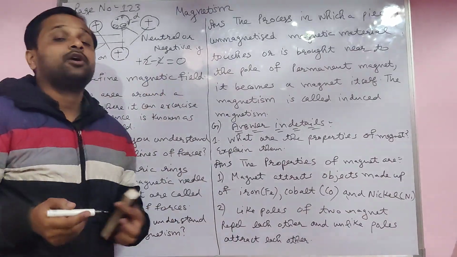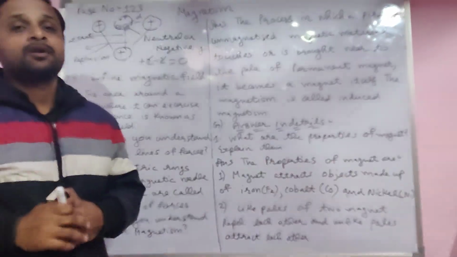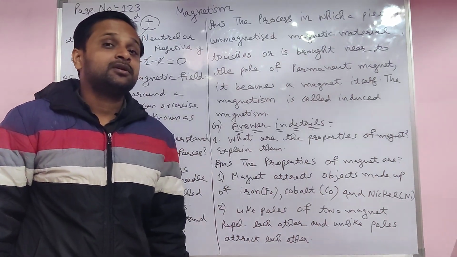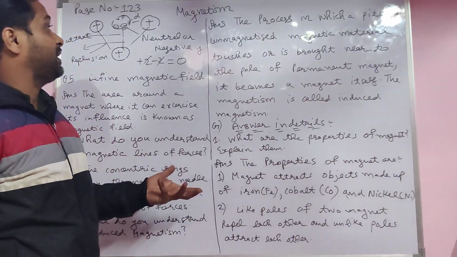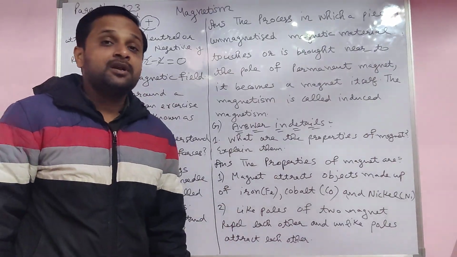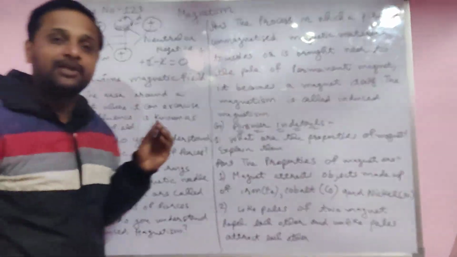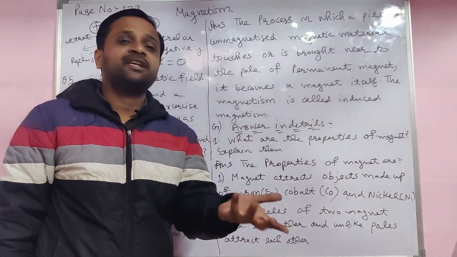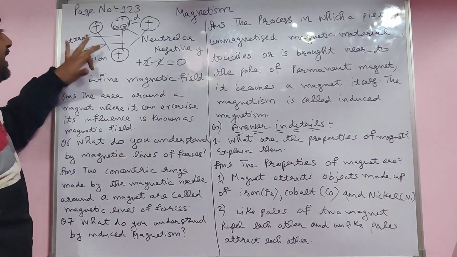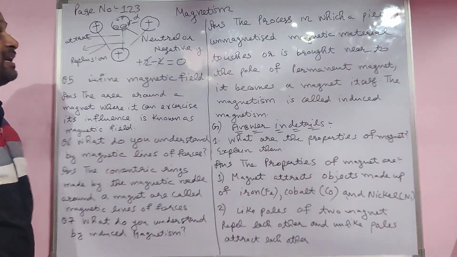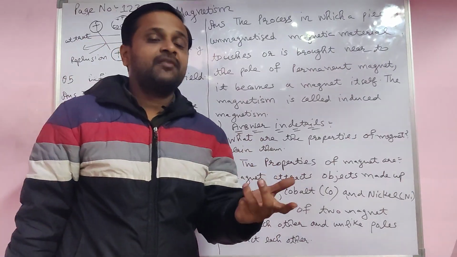For neutral and negative bodies, it means attraction is not a sure test. The body, neutral or negative, becomes attractive. But repulsion is fixed: both have the same positive charge, so repulsion is certain. No other thing is there. So repulsion is the sure test for the electric field also.